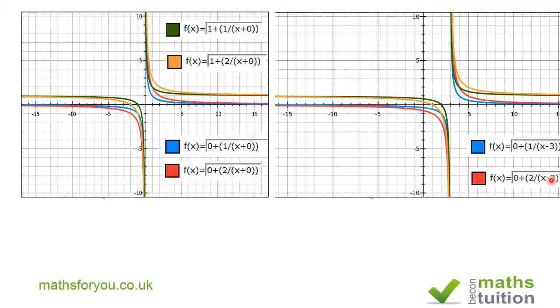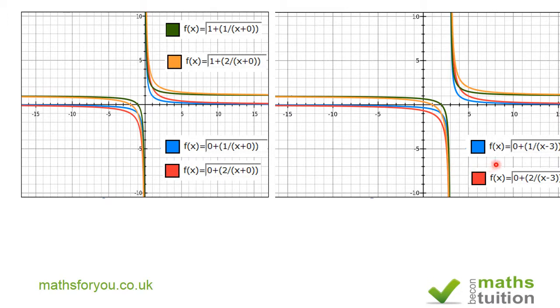So my vertical asymptote is now the line x is equal to 3. The difference between these two graphs is that I've shifted the vertical asymptote 3 units to the right-hand side.